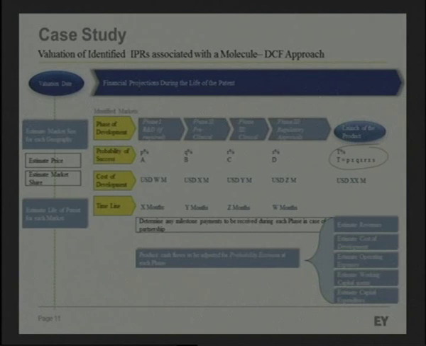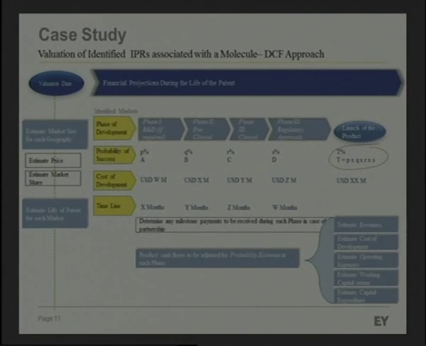After that, in the bottom right hand side corner, you will see my simple P&L or a financial statement of any company, that this is my estimated revenue year over year that I will generate during the life of the patent. What is my cost of development, which I've already covered in these four phases?